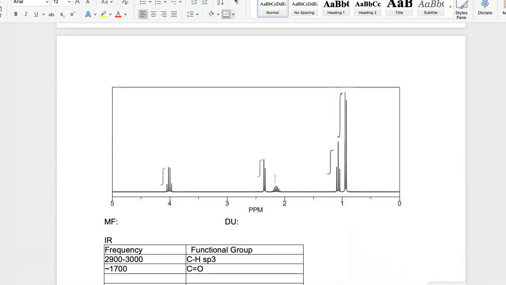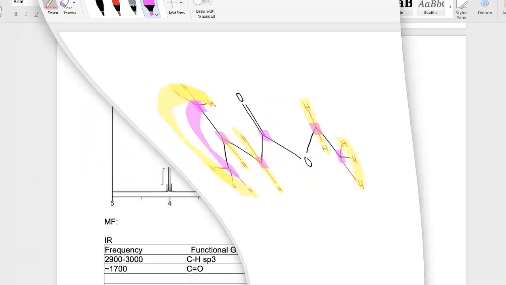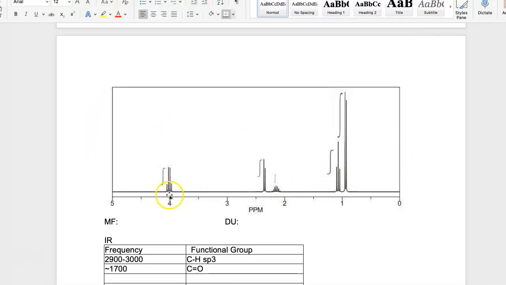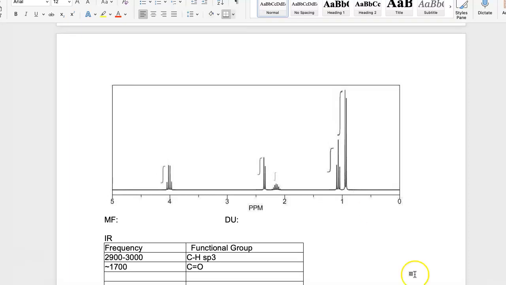I just wanted to add one more thing that I also used to determine where to put this carbonyl. This is an ester, obviously. You want to take a look at whether there are any single peaks here, because that would mean no neighbors, right? That would be 0 plus 1, so a singlet. And I'm not seeing any of those here.